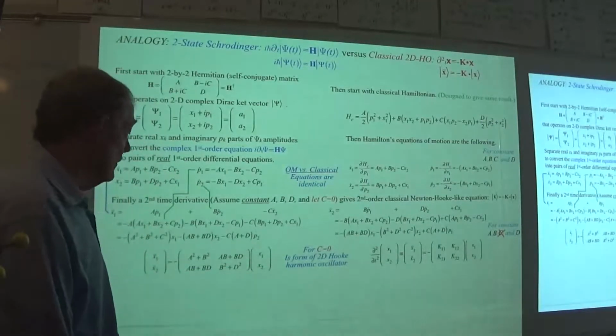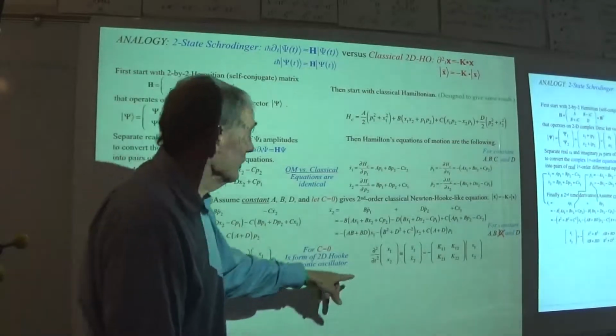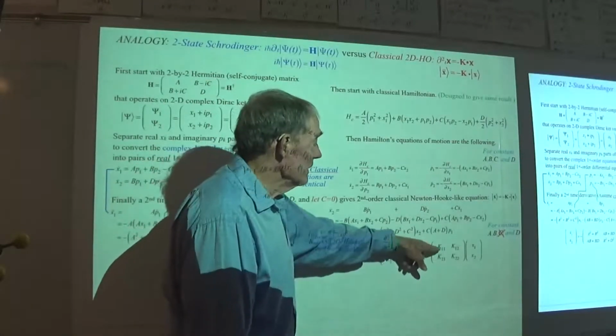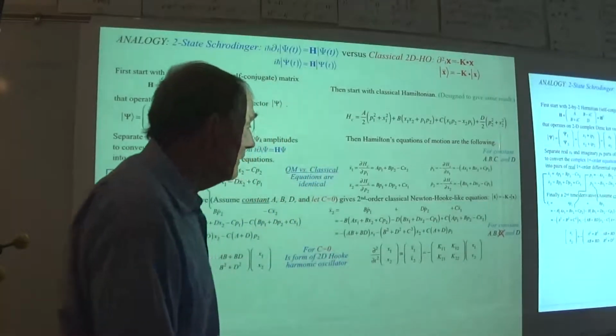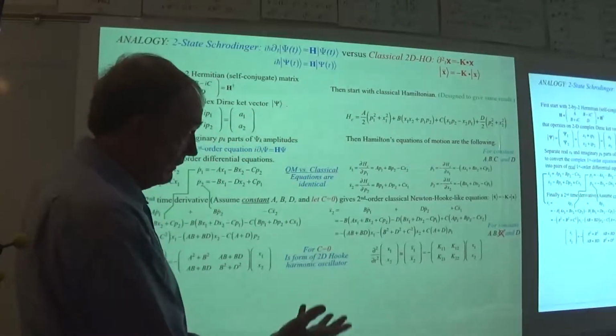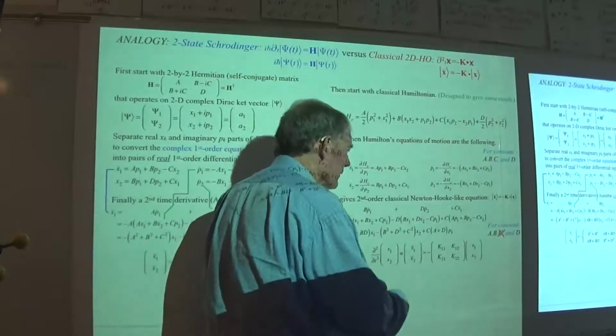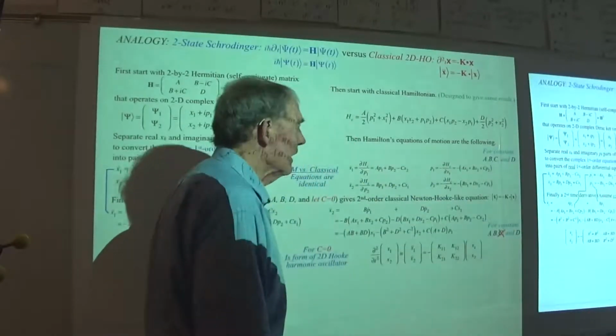That's Newton-Hooke right there. Okay, so here's the double time derivative, and there's our K matrix with a minus sign that we put in order to make it stable. If you take that minus sign away, the oscillator hyperbolically blows up.